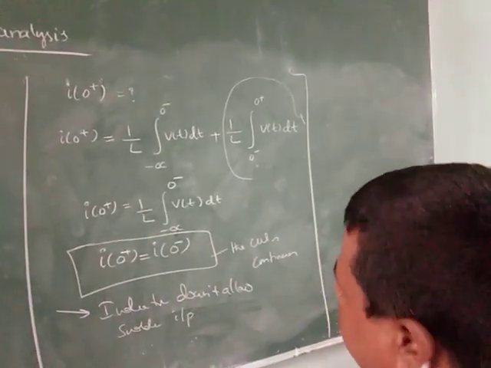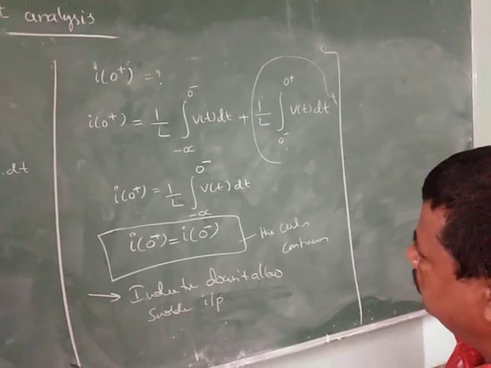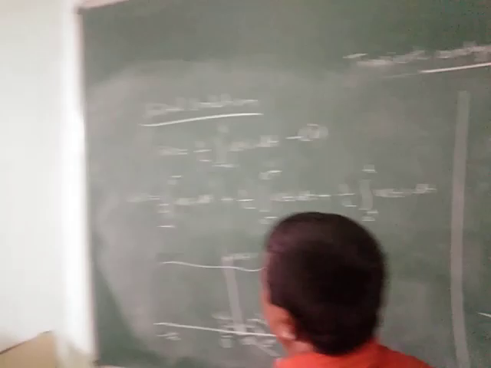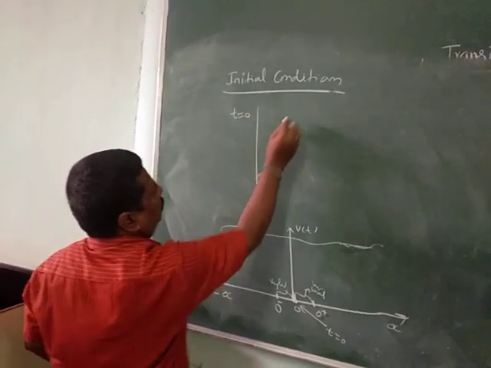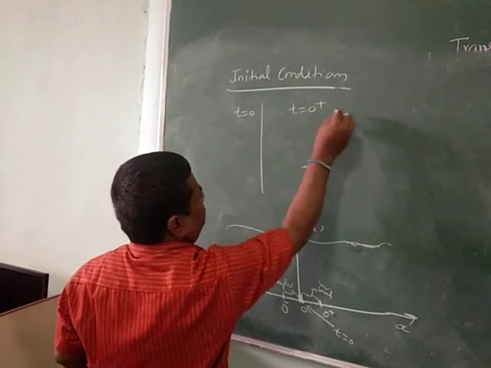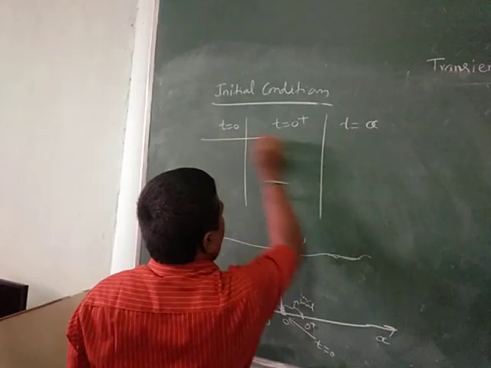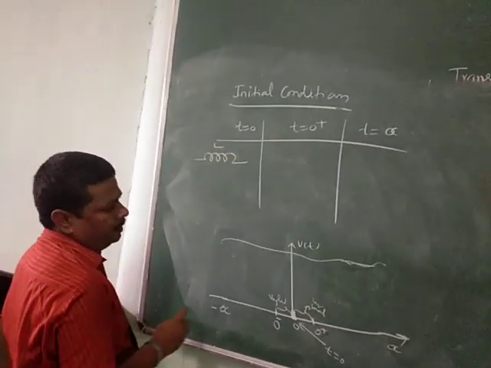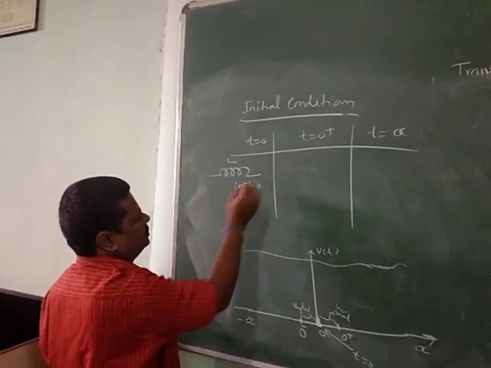Now here, I of t for the inductor, at t is equal to 0, t is equal to 0 plus, t is equal to infinity. It is an inductor with initial current I of 0 minus equal to 0.